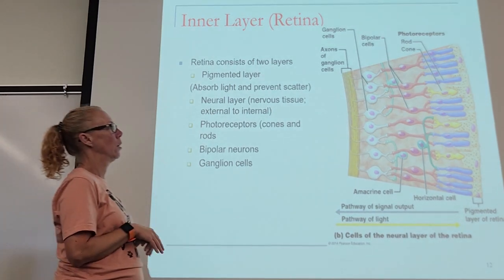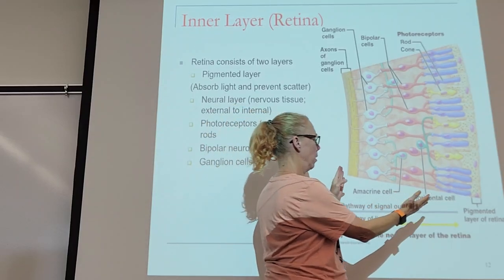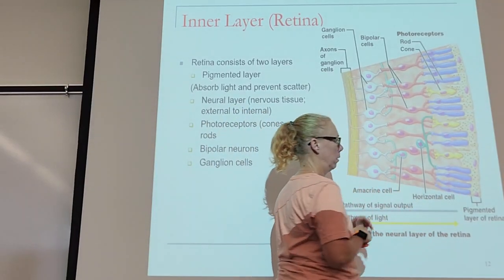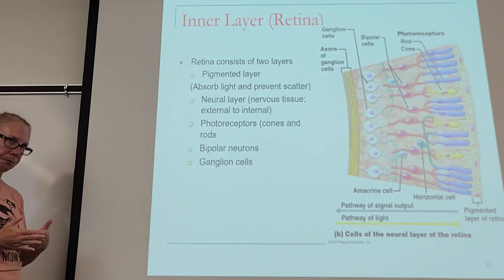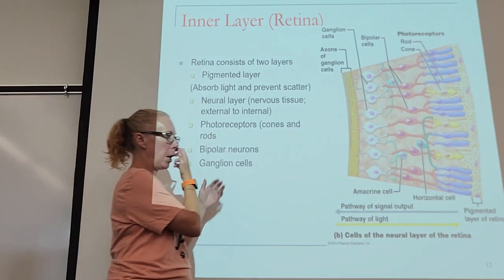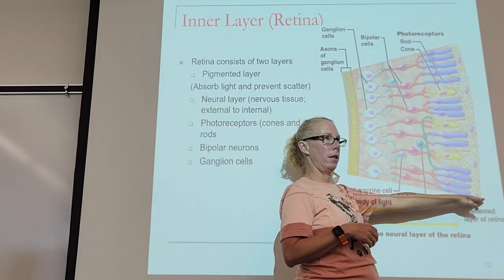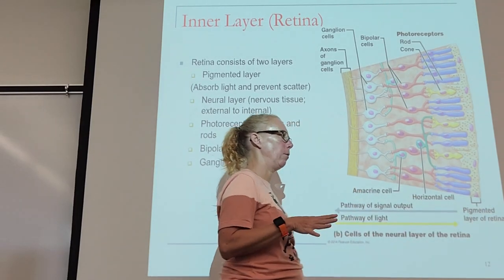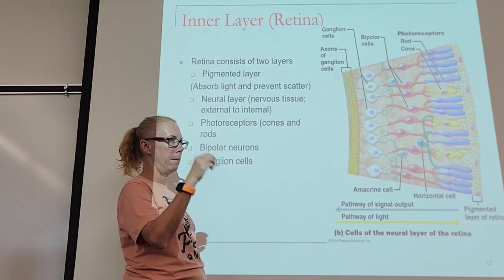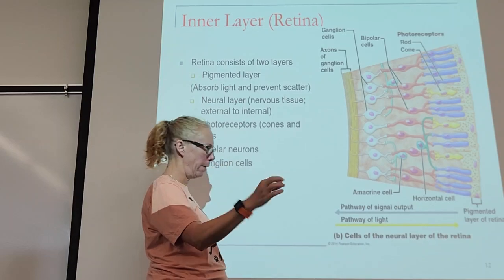Okay. So everything else is considered the neural layer. So once light hits the pigmented layer, that pretty much ends the pathway of light. And we'll go over the two pathways tomorrow. We'll draw them, we'll write them out. We won't draw them physically, we'll write them out.